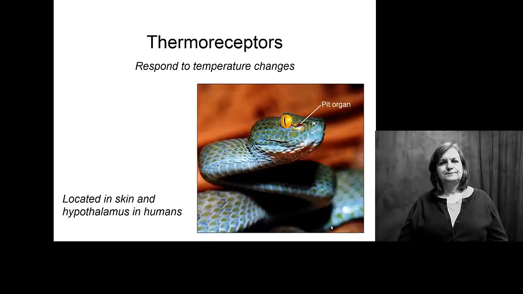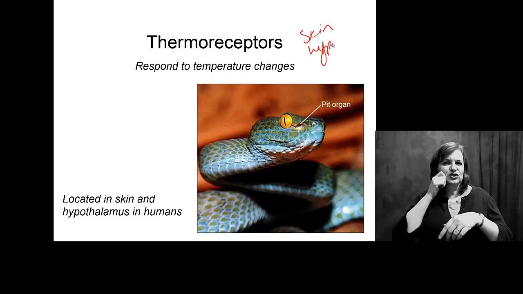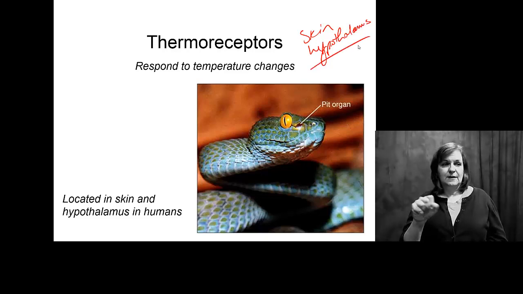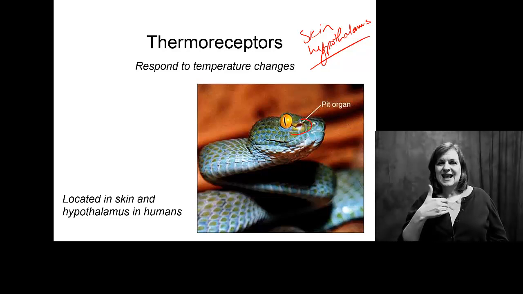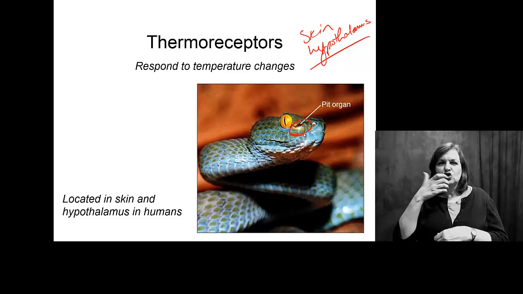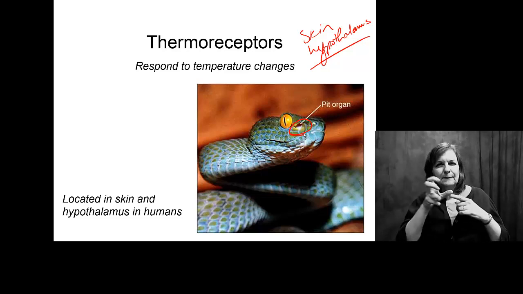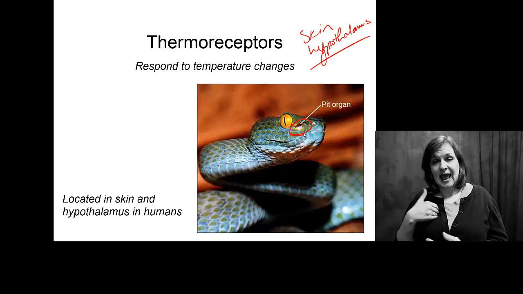Thermoreceptors we look at, as we said, all over your body, your skin, your hypothalamus, okay? But in some animals, like our snake here, he actually has a pit organ that's full of thermoreceptors. Why? Thermoreception is actually a specific sense for the snake because he has an organ associated with it.